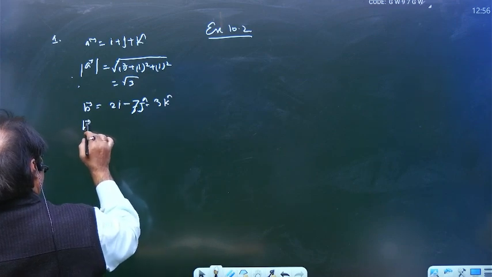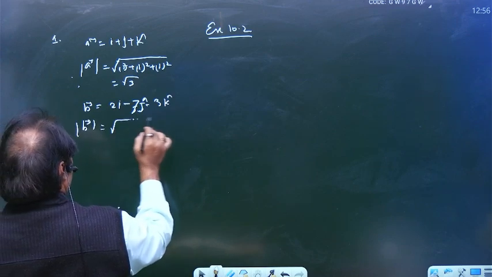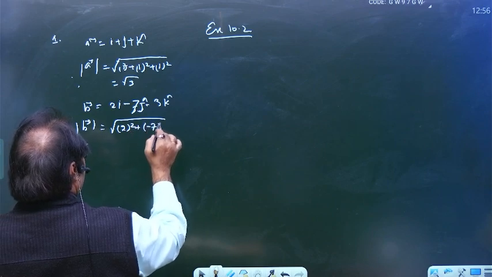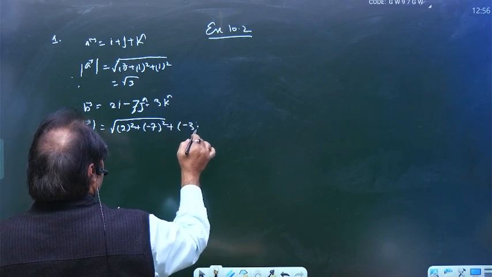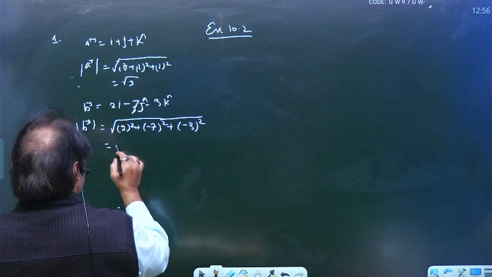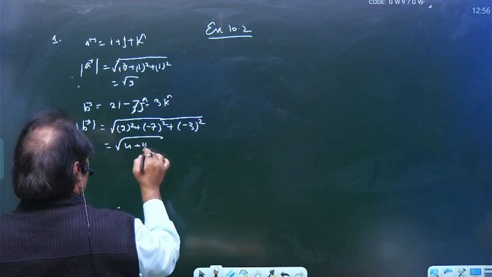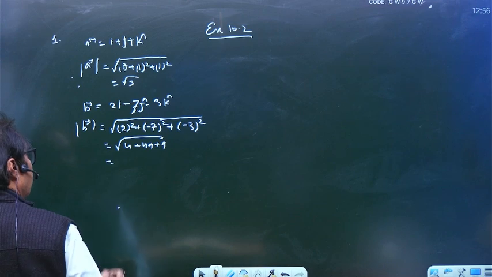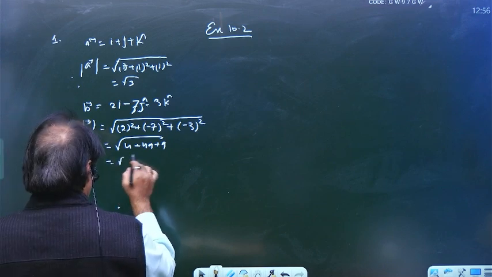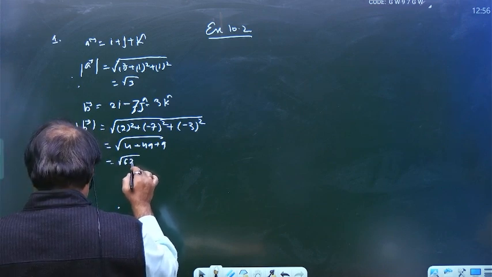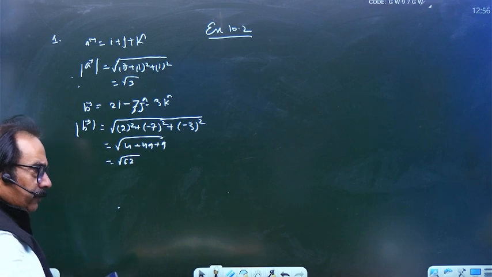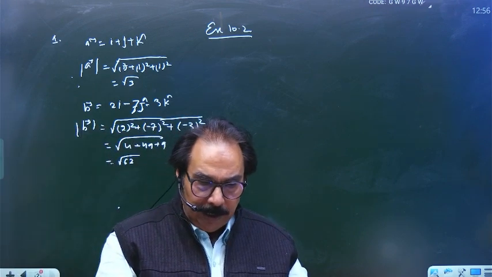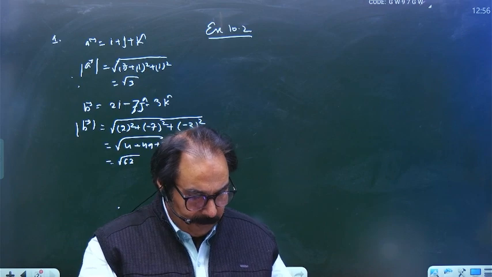We will find the magnitude of this vector as the root of 2 square plus minus 7 square plus minus 3 square. So this will be equal to 4 plus 49 plus 9. 49 plus 9 is 58, plus 4, that is root over 62. In this way we will find the magnitude of any vector, and the C part I am leaving for you. You will complete it yourself.